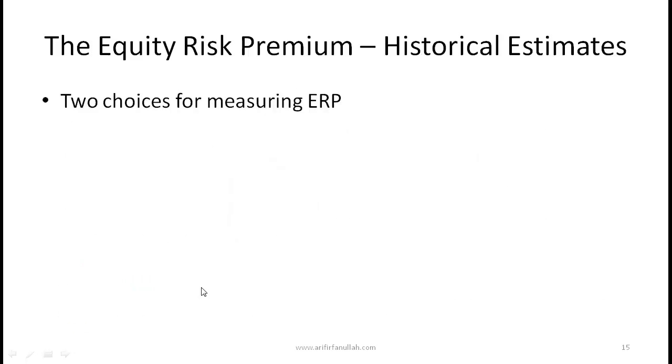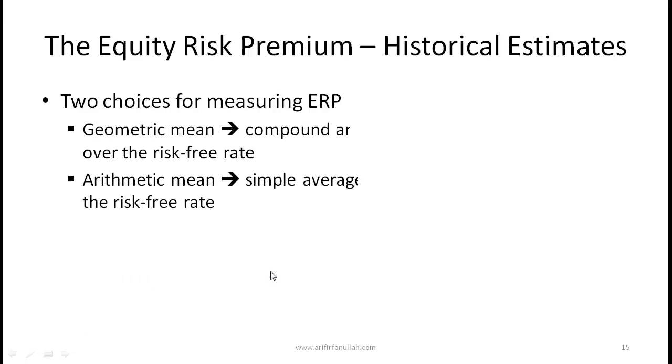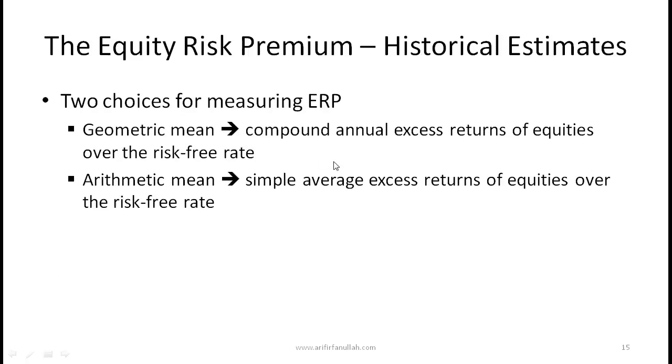Okay, now in case you are wondering, there are two choices for measuring the equity risk premium. We are still in the historical method. So if you are in the historical method, let's say you decide to use the last 10 years' worth of data. Then for every year there will be an equity risk premium, where at the beginning of every year you look at the expected return on the market and subtract the risk-free rate.